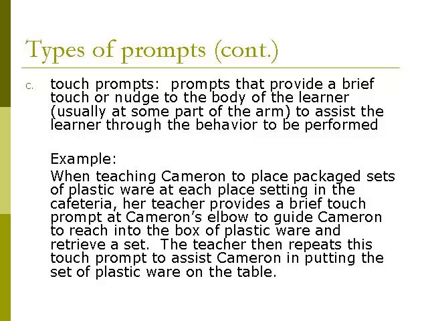So, again, that full physical assistance is not being provided, and constant assistance at Cameron's elbow, as you would see in partial physical prompts, is not being provided. It's only a brief touch to the part of the body that nudges the learner to perform the task that you want him or her to perform.